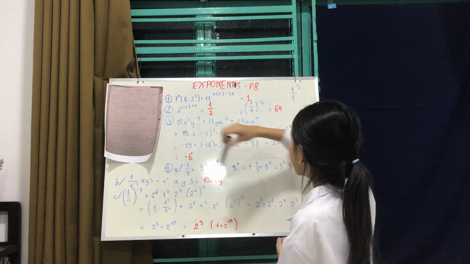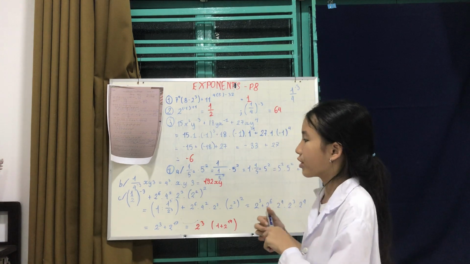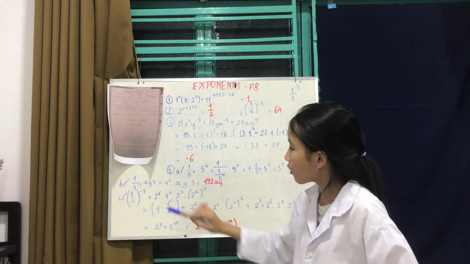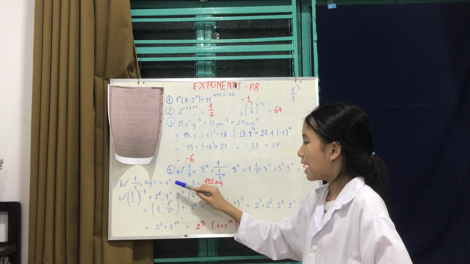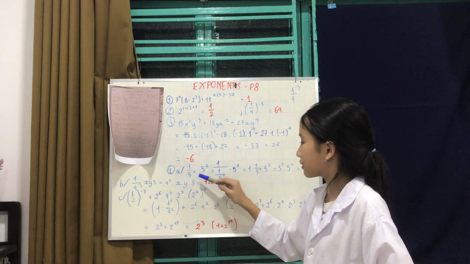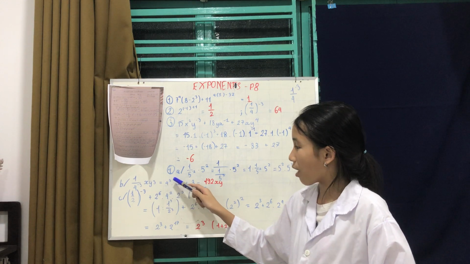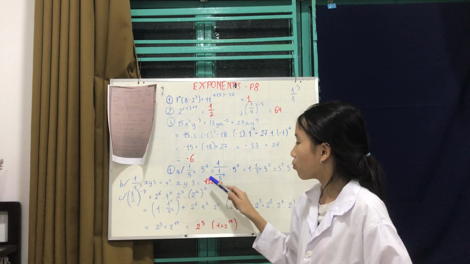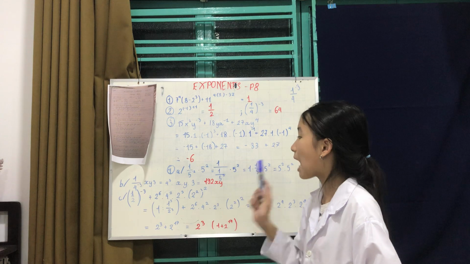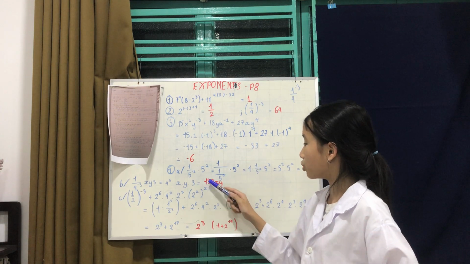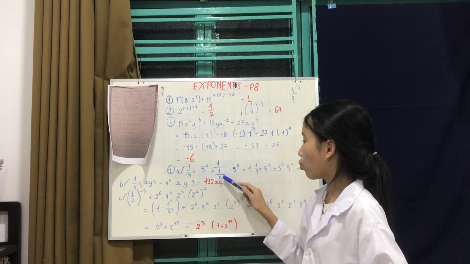This will equal 4 to the power of 3, because I translated this to 4 to the power of 3 times x times y times 3, which I will use. 4 to the power of 3 times 3 will equal 64 times 3, and this will equal 192xy.